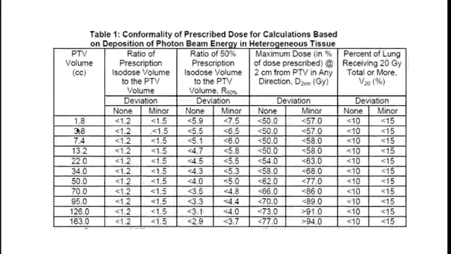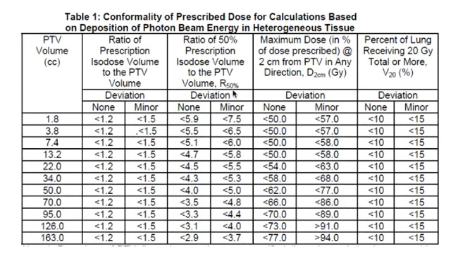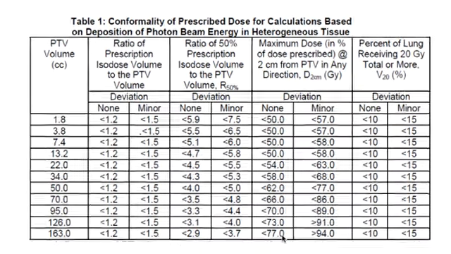Here you see the PTV volume on the left going from small to large, and you'll see the R50% should be less than 5.9 for a small PTV, but as you go up in PTV size, the R50 needs to be smaller in order to satisfy the protocol. Similarly, there's a dependence of the max dose at 2 cm from the PTV. It might be 50% for a small PTV, but it could go up higher for a larger PTV.